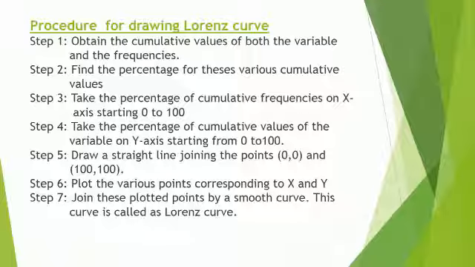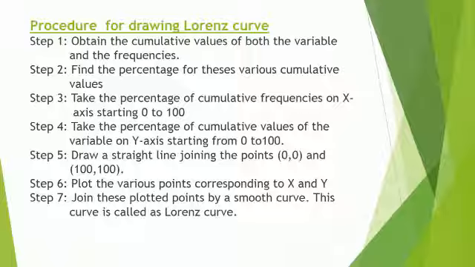Then take the percentage of cumulative values of the variable on the y-axis, also from 0 to 100. Next step, draw a straight line joining 0 to 0 and 100 to 100.